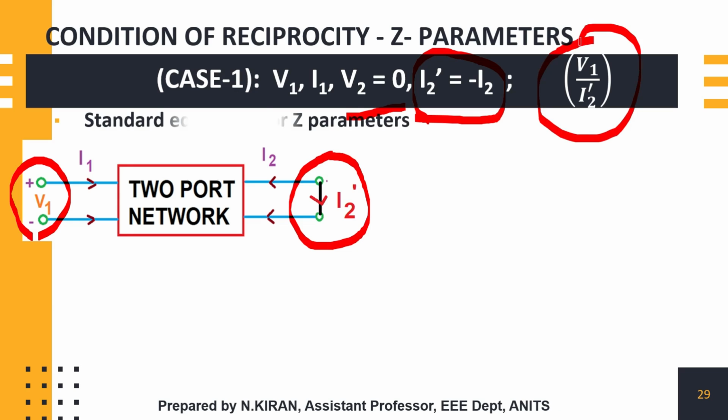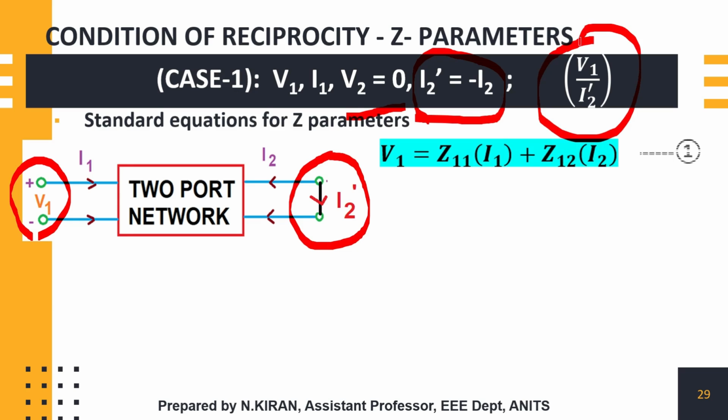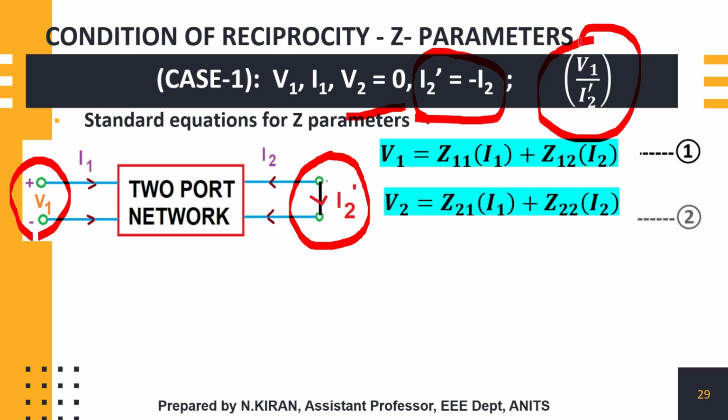Now we know the standard equations for Z parameters. V1 is equal to Z11 I1 plus Z12 I2, and V2 is equal to Z21 I1 plus Z22 I2. I'll consider them as equations 1 and 2 respectively.